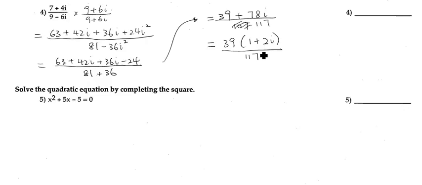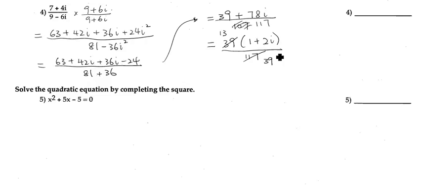3, right? 39 divided by 3, 13. 117 divided by 3, that would be 39. That's interesting. So can we further simplify? Don't we see 39 before?